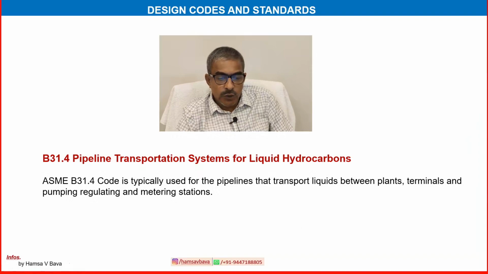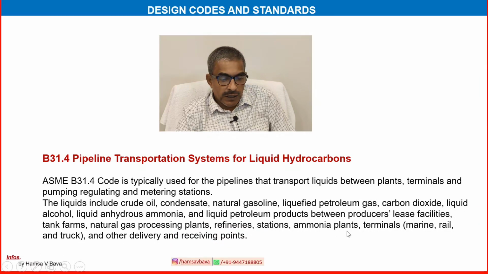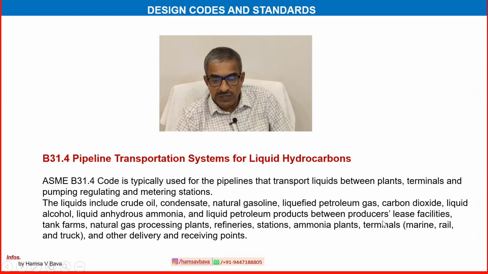This code is typically used for pipelines that transport liquid between plants, terminals, and pumping, regulating and metering stations. The liquids include crude oil, condensate, natural gasoline, liquefied petroleum gas, carbon dioxide, liquid alcohol, liquid anhydrous ammonia and liquid petroleum products between the producer's lease facilities, tank farms, natural gas processing plants, refineries, stations, ammonia plants, terminals like marine, rail and truck, and other delivery and receiving points.